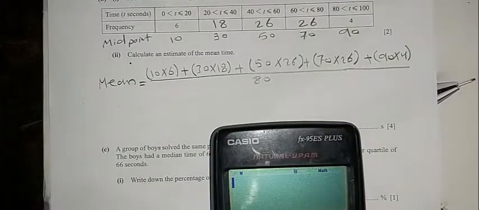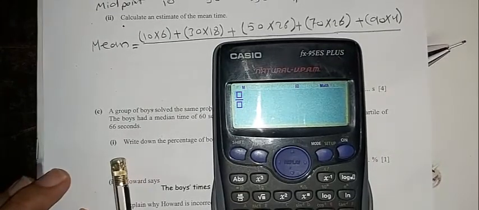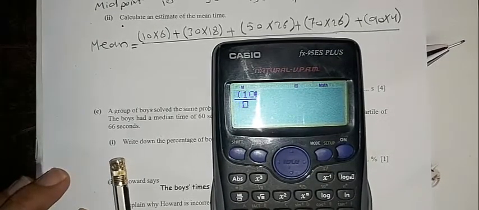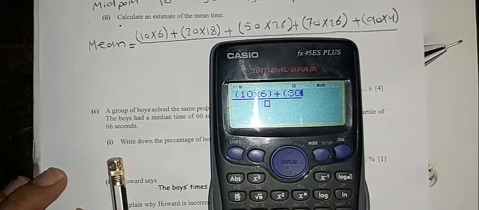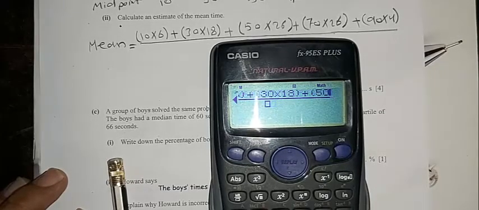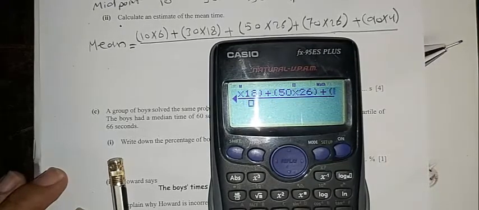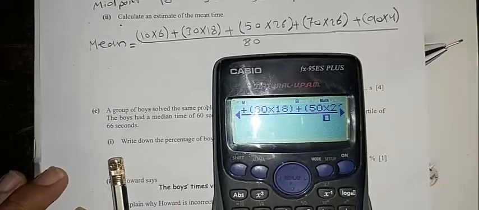Now we will calculate this here. 10 times 6, plus 30 times 18, plus, don't forget the brackets, 50 times 26 plus 70 times another 26 plus the last one is 90 times 4, and divide all by 80.